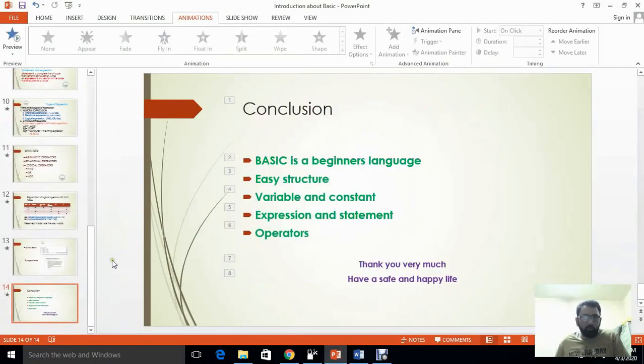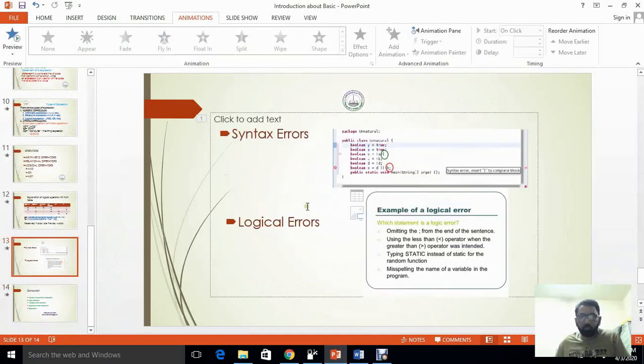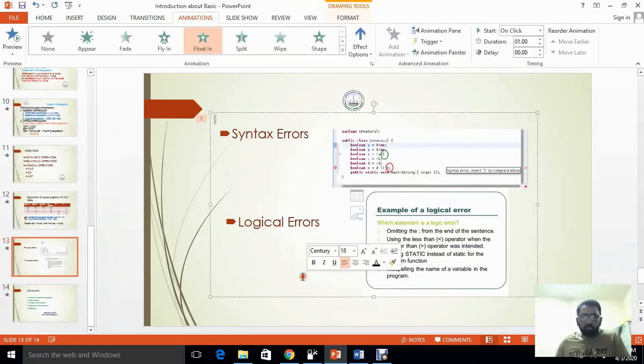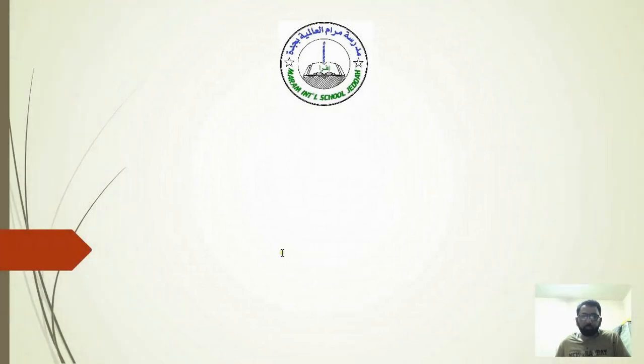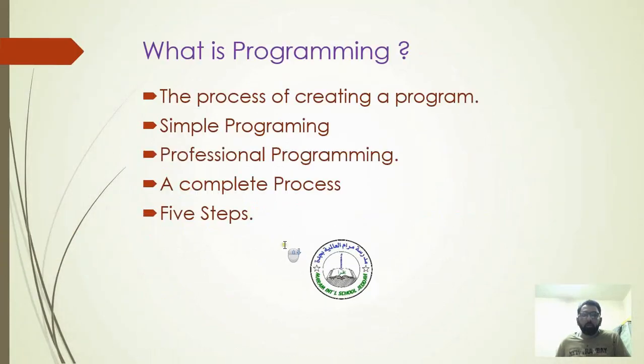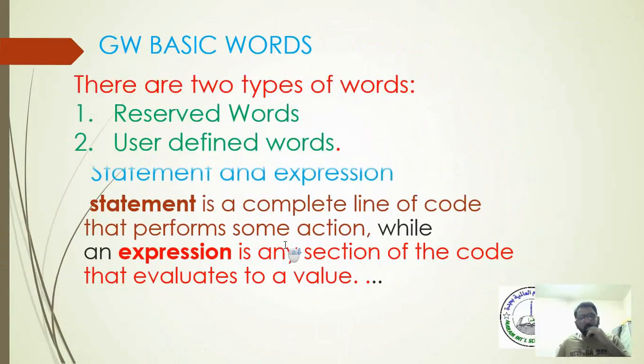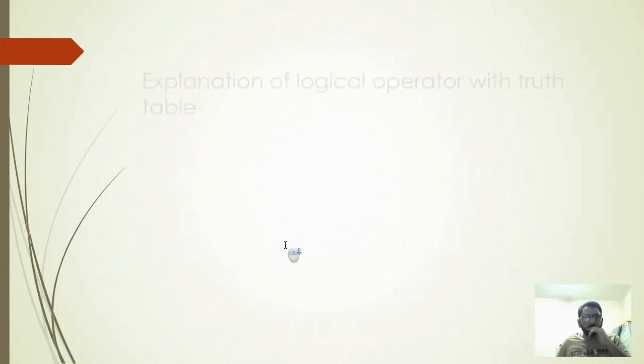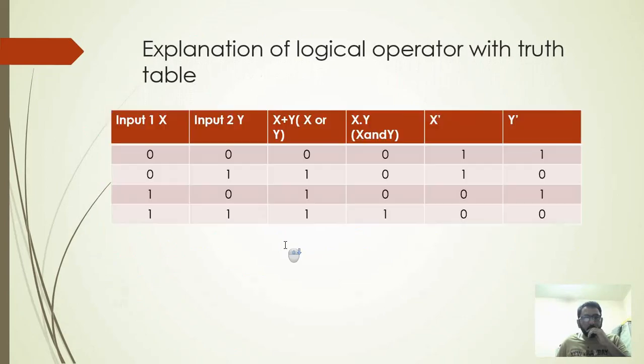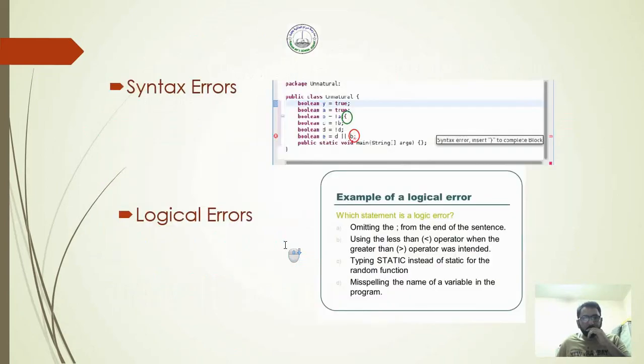So one more thing I want to explain to you here: errors. What are the errors? When you're writing any kind of program, if there are some mistakes in the program, there are some errors generated by the language editor.